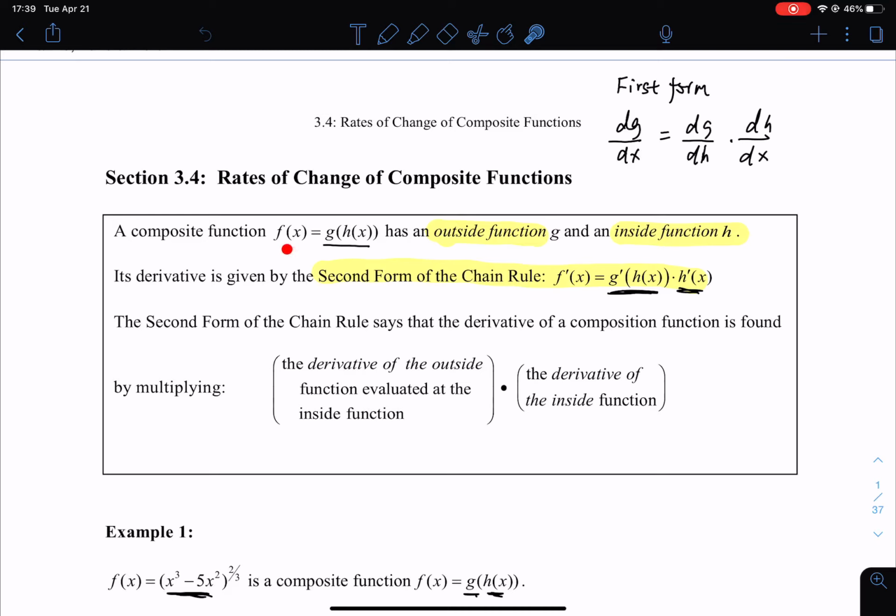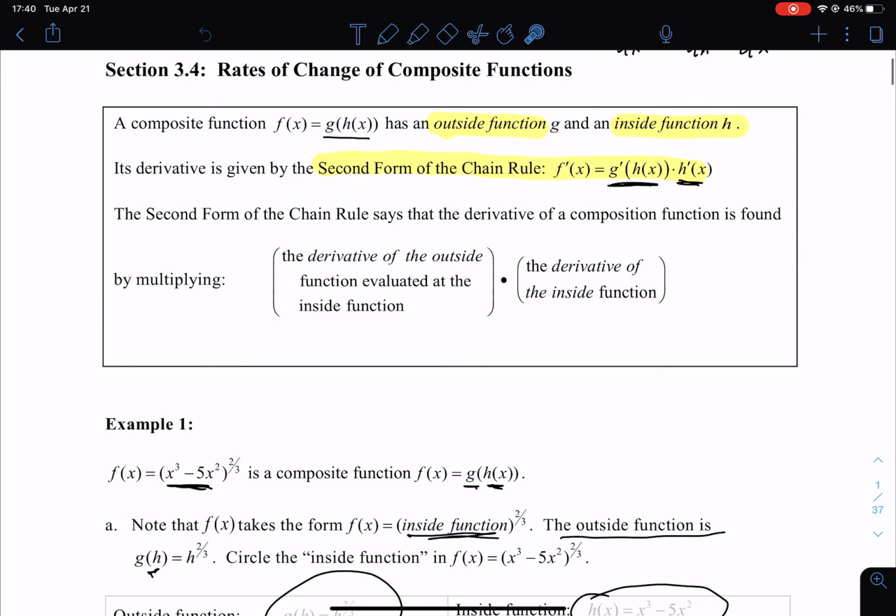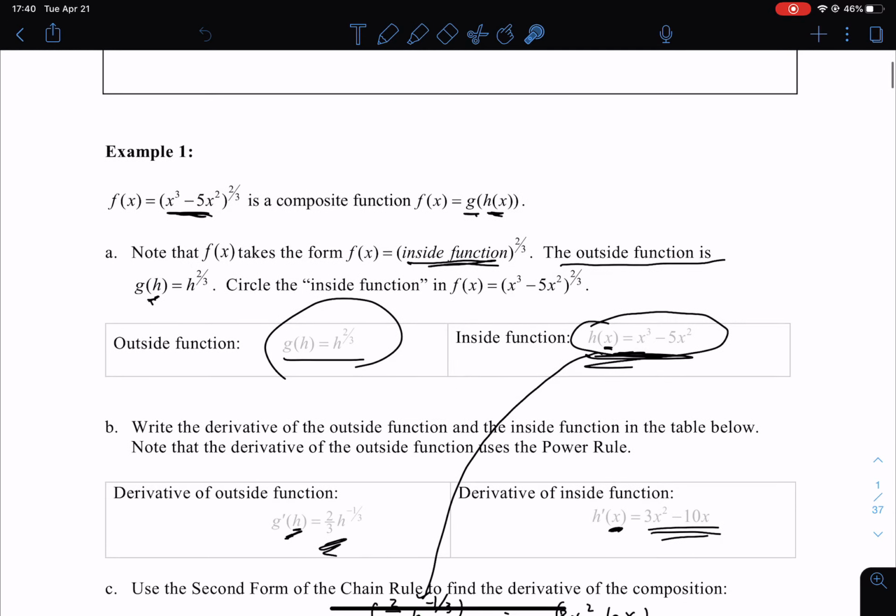So the same function f of x is g of h of x. So this one has an outside function and an inside function. Inside function is just h. Outside function is g. So for this one, this is the second form of the chain rule. f prime of x is g prime of h of x, that is the derivative of the outside function, then multiplied by the derivative of the inside function h prime of x. So the derivative of the outside multiplied by the derivative of the inside function.